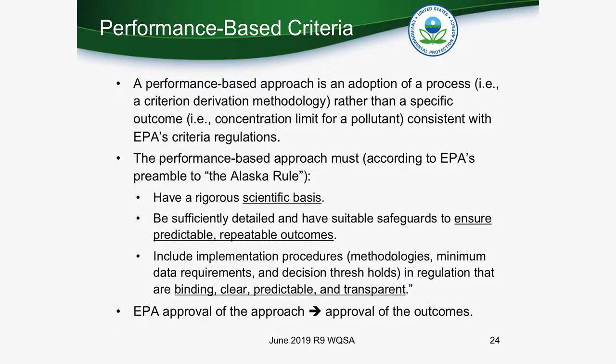So this performance-based criteria is probably the least fleshed out. It's more of a concept that if you have naturally high chemical X and you go through a rigorous scientific process with predictable, repeatable outcomes that is clear and transparent, we can approve it.